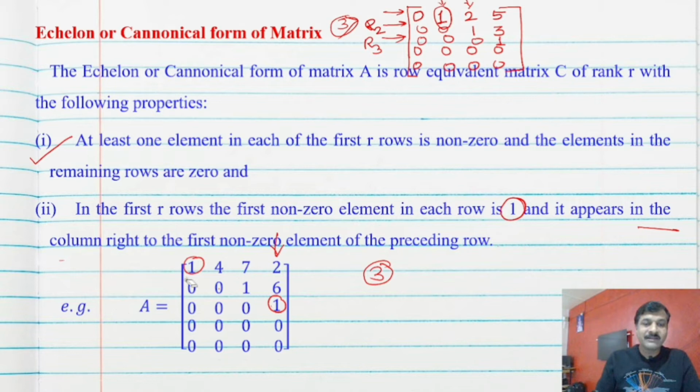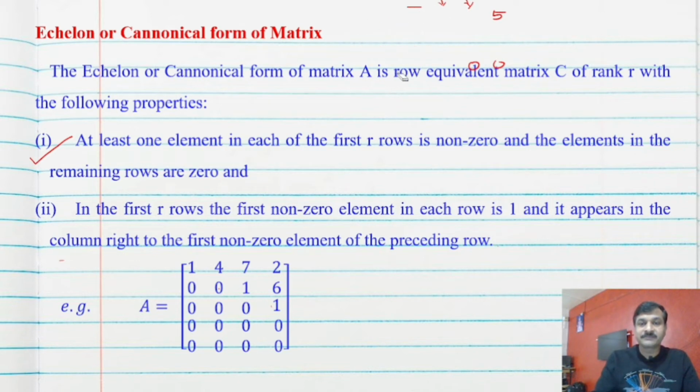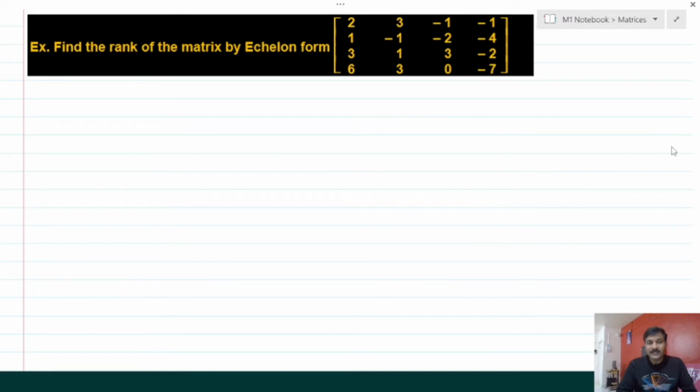How to find it? Definitely we will solve some examples on it, but here you remember these things. So let's consider one example to find the rank of a matrix by echelon form. So here is that example. So how to solve?